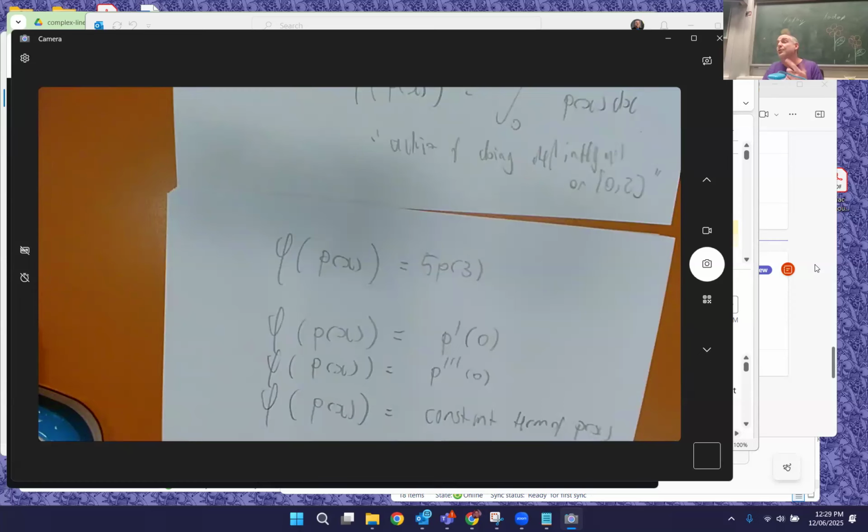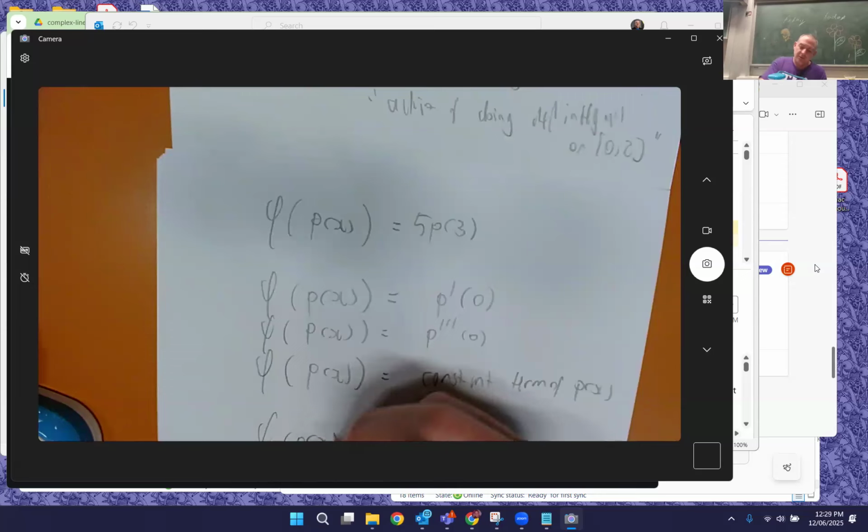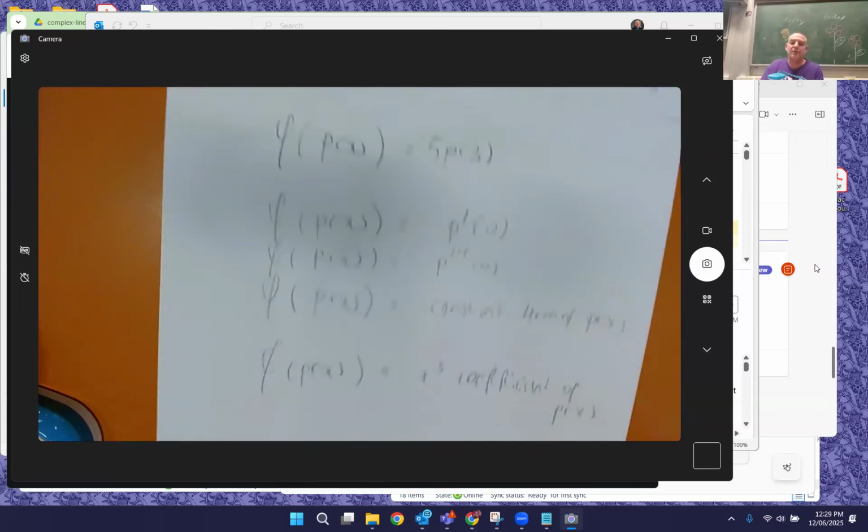You could just take out the constant term. That'll work just as well. In fact, you could have phi of p(x) to be the x cubed coefficient. That will also be a linear functional too.